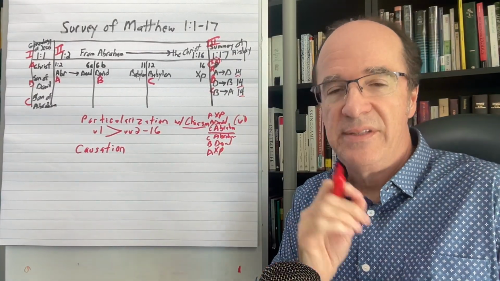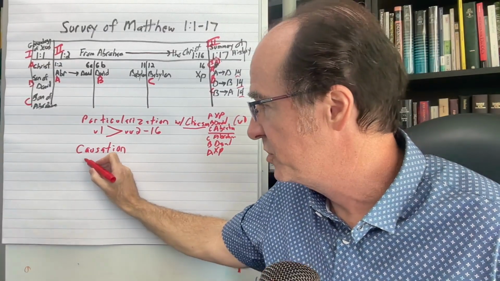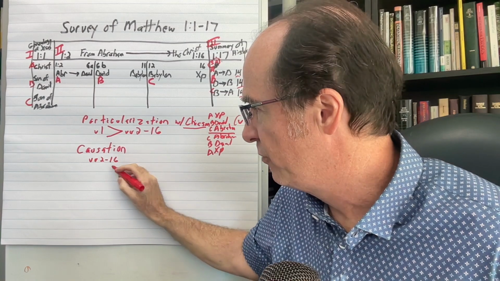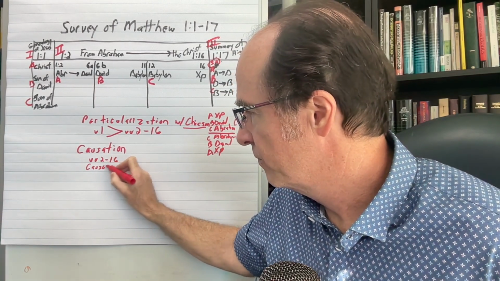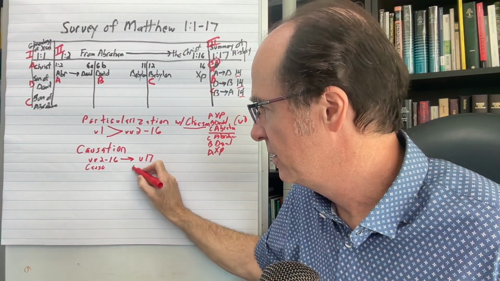In other words, the detailed report of Jesus' genealogy in verses 2 to 16, so the genealogy itself, is the cause, and the effect would be verse 17.